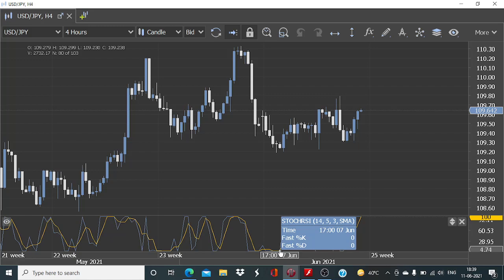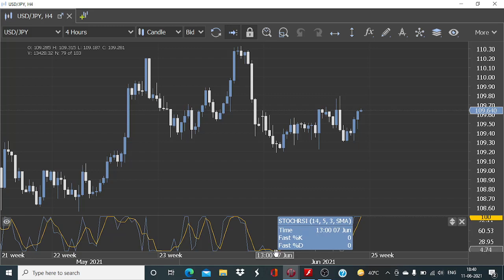We will be considering the stochastic fast percent K and fast percent D values, and in last 4 hours these values should be above 0, both the values, and of course the fast percent K should be above fast percent D. And in 2 4 hour blocks prior to that, these values should be stuck at 0, exactly at 0.